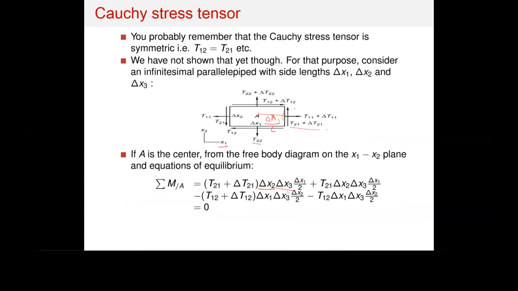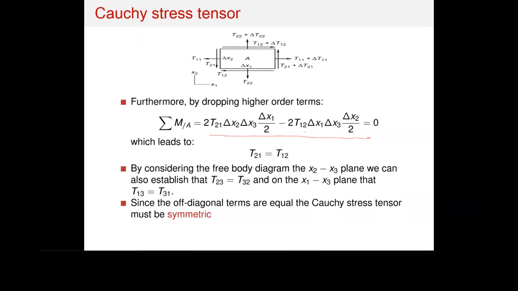So you have this term here multiplied with T21, and the same term is multiplied with T21, so this is 2T21. Then you have 1, 2, this multiplied with it, and this multiplied with it. So you have 2T21 minus 2T12. This is what you have there.